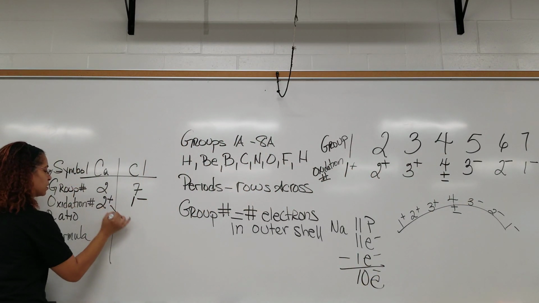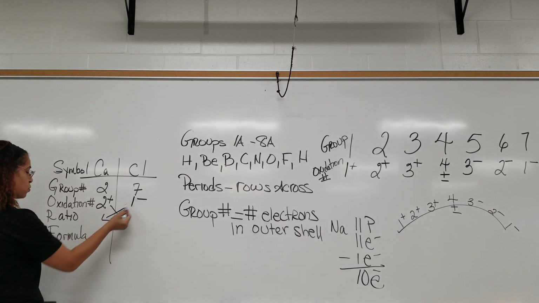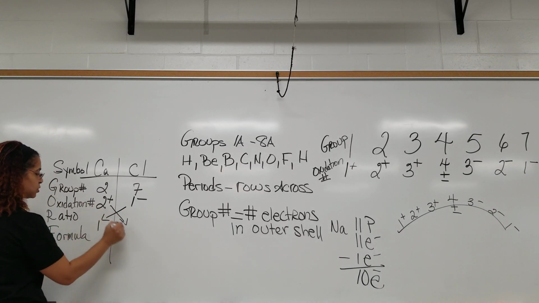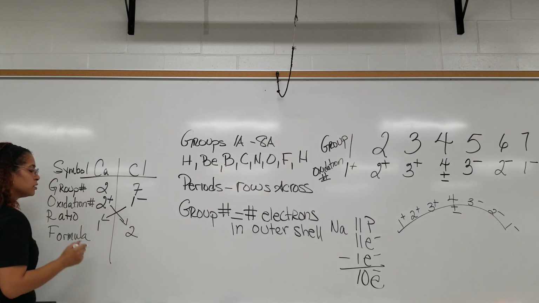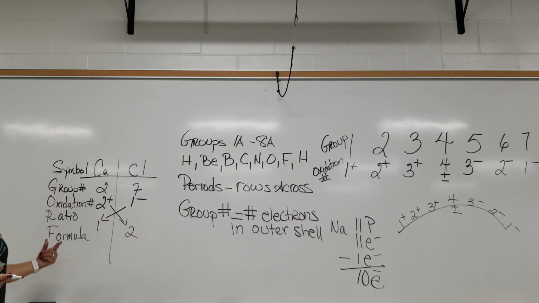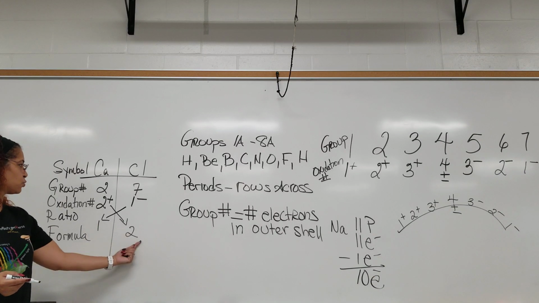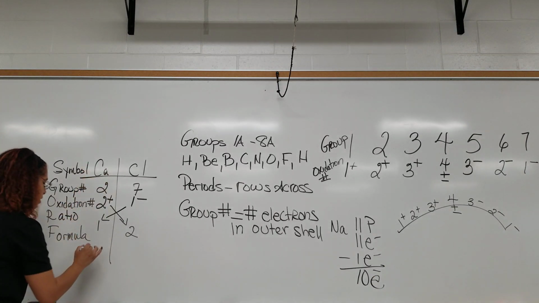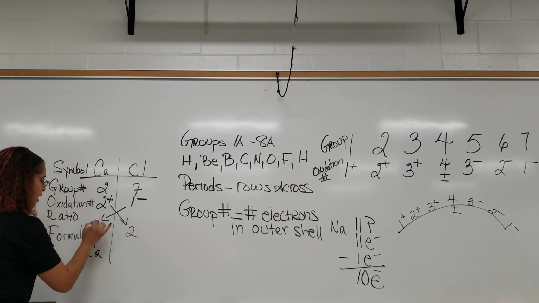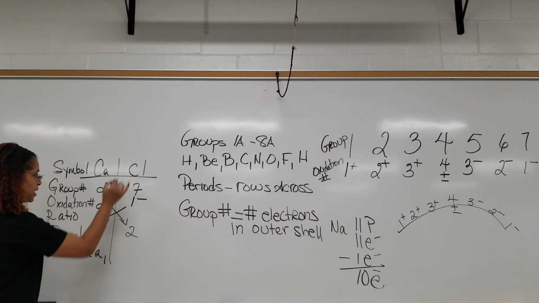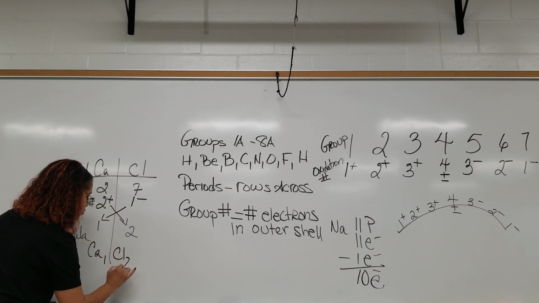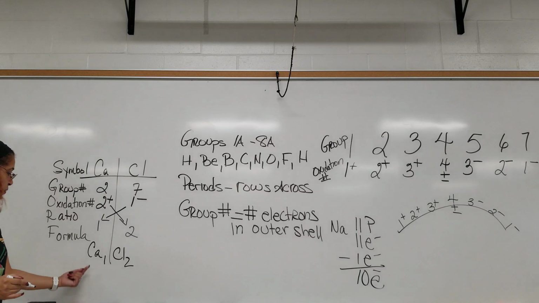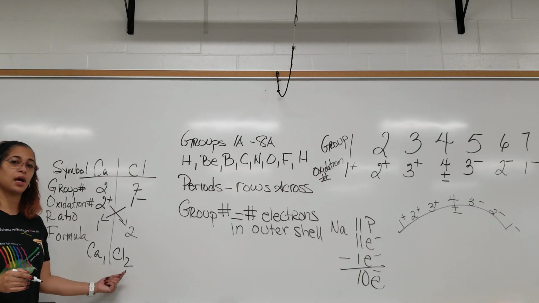So we crisscross them and drop the sign, so the 1 is going to come over here and the 2 is going to come over here. Now we have our ratio. They will bond in a 1-to-2 ratio. So we bring our chemical formula down and we bring our ratio number down, Ca1Cl2.